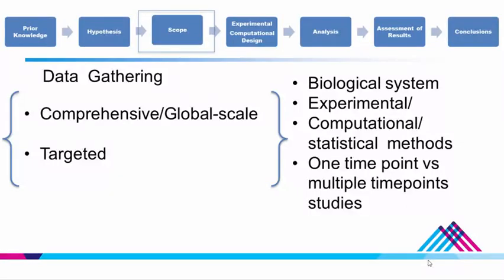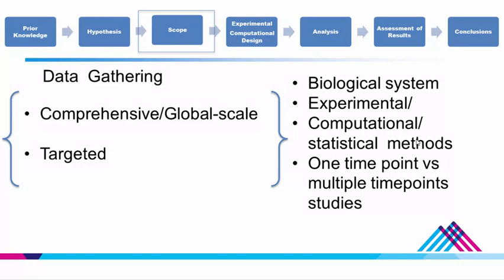So we have to identify the appropriate biological system. For instance, can we address the research question using just associated cells, or do we need tissue or whole animal data? Next, we have to decide on the relevant experimental, computational, and statistical methods in order to gather the data and analyze the data. So, for example, is it appropriate to use mRNA-seq or microarray data, or are we just looking at a subset of genes that we're interested in?